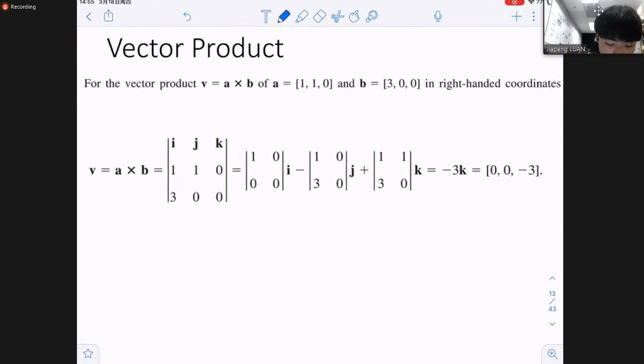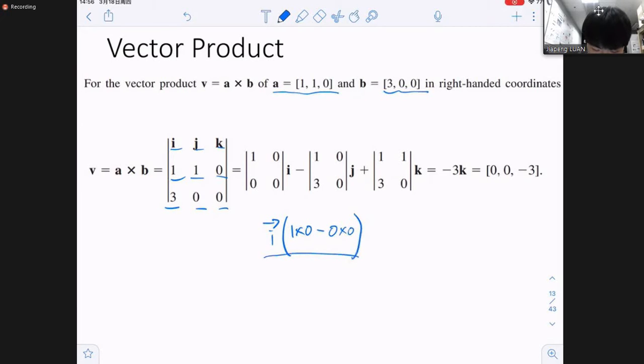So you have this A and B. You just write this in the determinant form. You have i, j, k. This is A: 1, 1, 0, and this is B: 3, 0, 0. And then you can say that this is i times 1 plus 1 times 0 minus 0, 0.